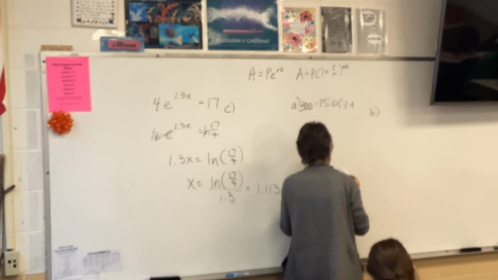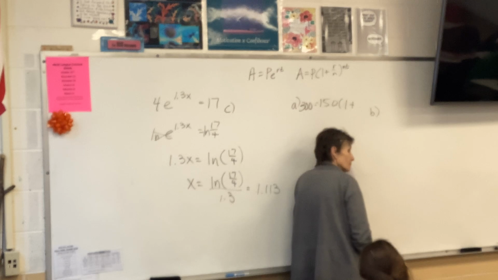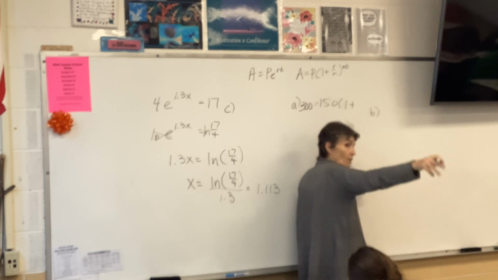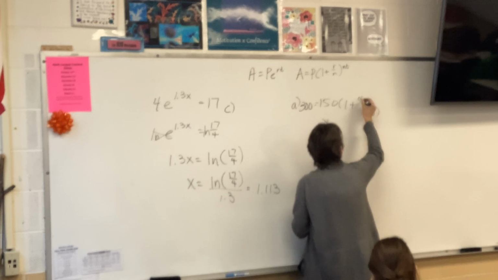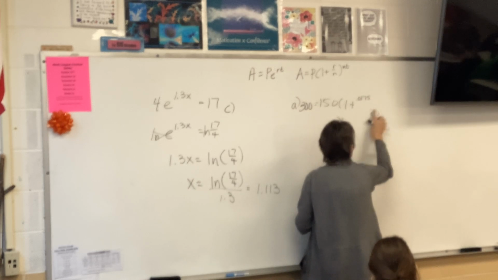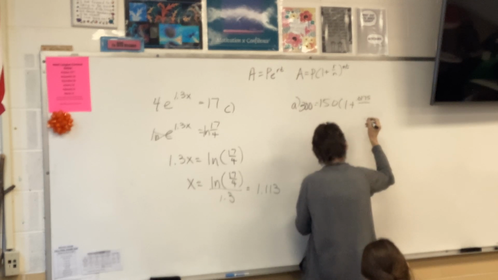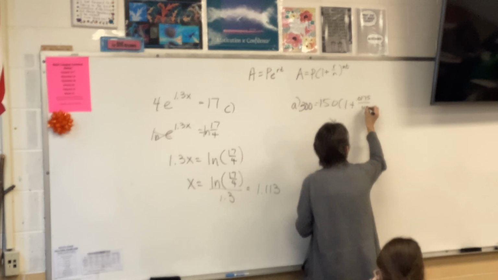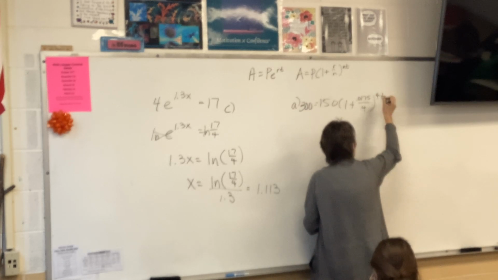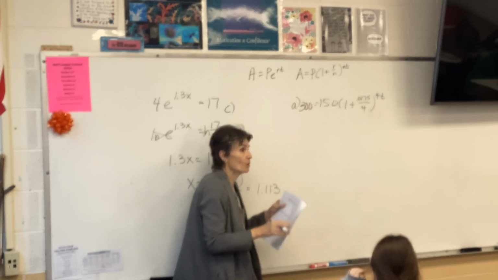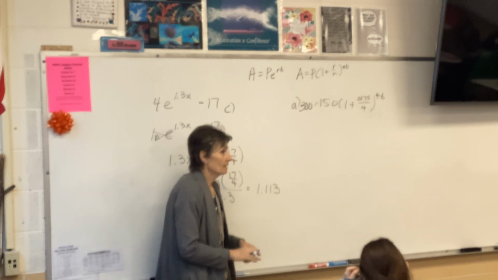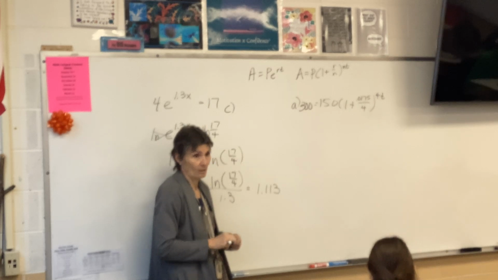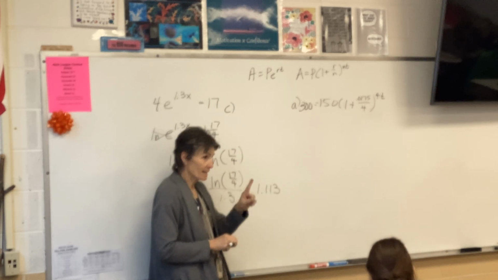My interest rate is 0.0175. What am I dividing by? 4. And t is actually my unknown, which tells me that, like it or not, I'm going to need a logarithm, but not yet.